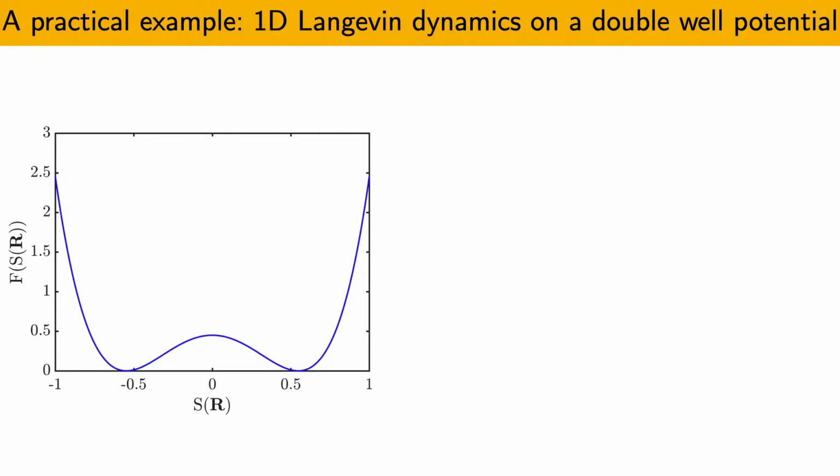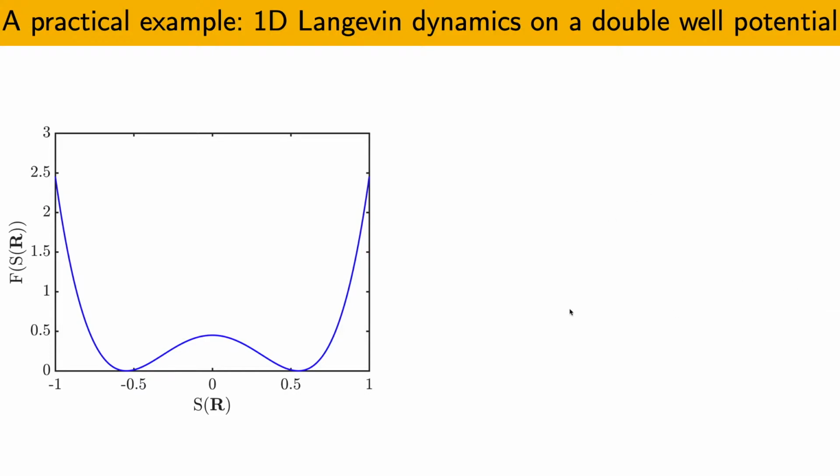It is worth highlighting that in real applications, the analogue of the blue free energy surface that I'm showing here on the left is not given, and it's actually the aim of the simulation to estimate it. But in order to understand the application of the ideas that we've introduced in the previous video, I will start with an analytical free energy surface.